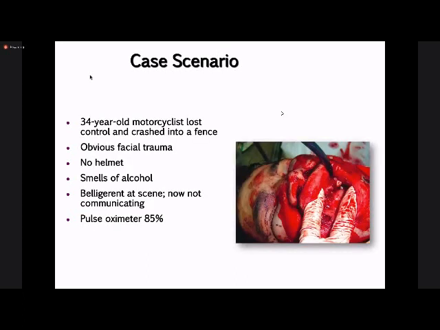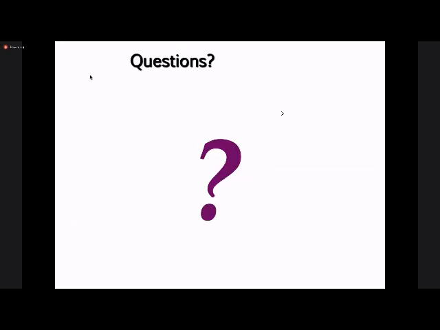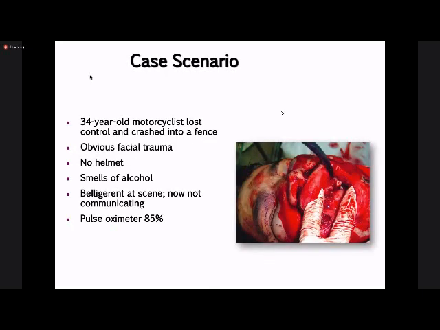Right. So the same patient that we have discussed previously, 34-year-old motorcyclist. So what should we do now? We need to establish the airway. You can see his face is completely crushed. We have two options. Anyway, we have to protect his airway. We can think of endotracheal intubation, but endotracheal intubation is going to interfere with the management.